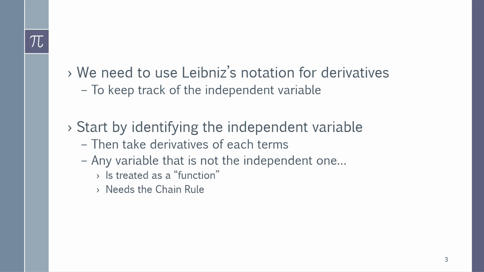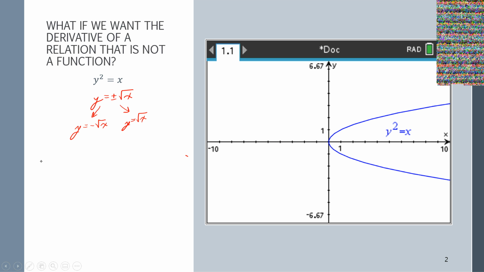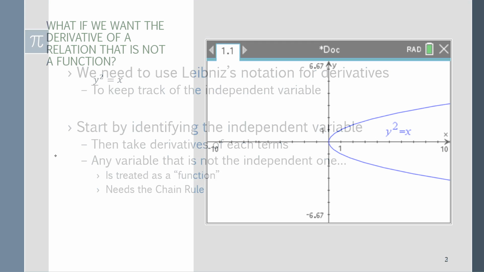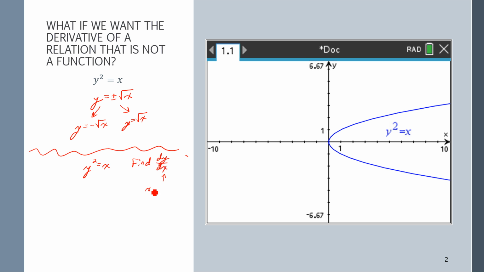So if I go back to my first example here, what we would say is, okay, let's leave it as y squared equals x. And I want to find dy dx. Remember that this is telling me find the derivative of y with respect to x. So this means that x is the independent variable.